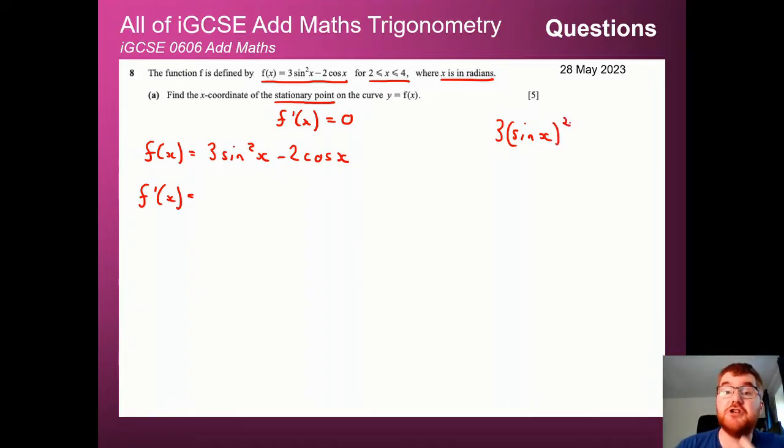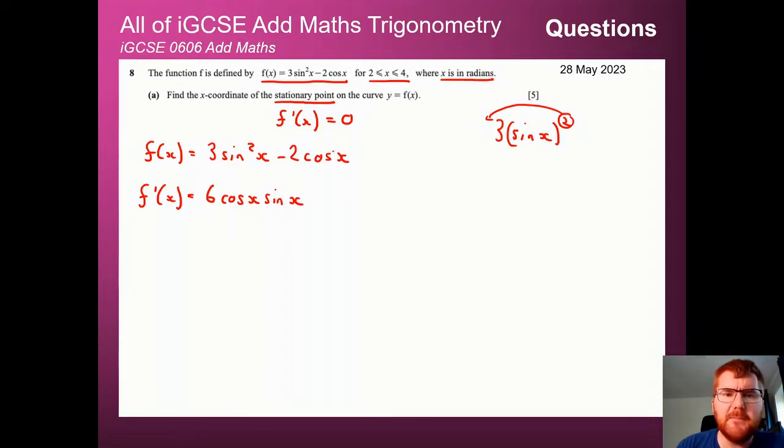So we're going to be using the chain rule here. To differentiate this, we take the 2 and bring it to the front. So 2 times 3 is 6. We differentiate what's inside the bracket, so sine differentiates to cosine. And then we reduce the index by 1, so that just gives us sine x, or sine x to the power of 1.